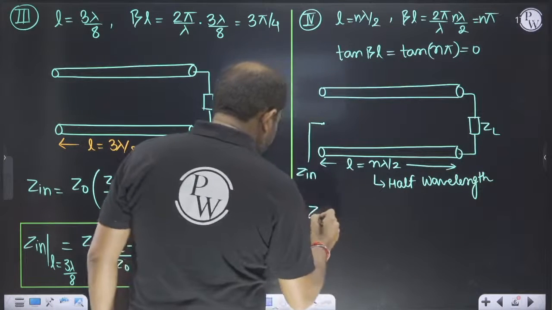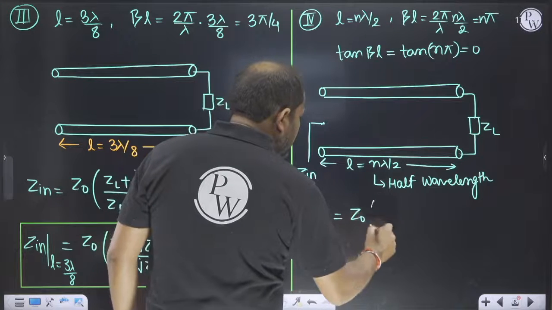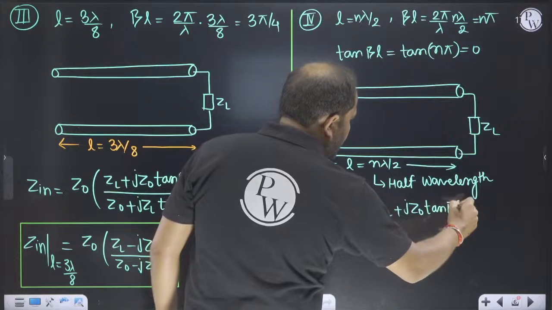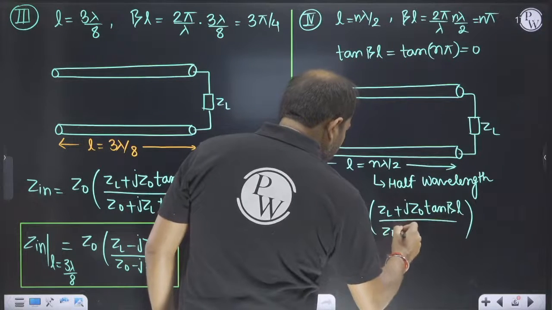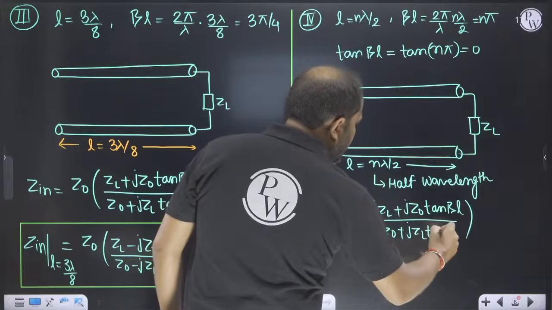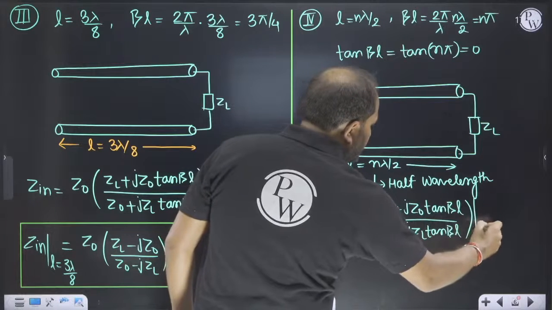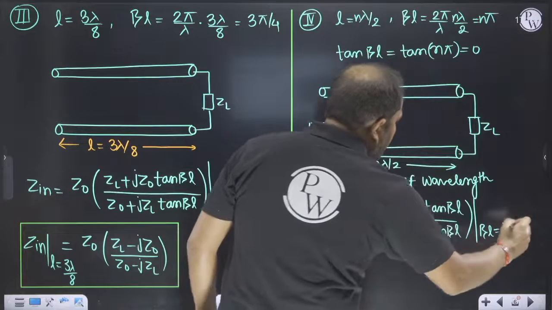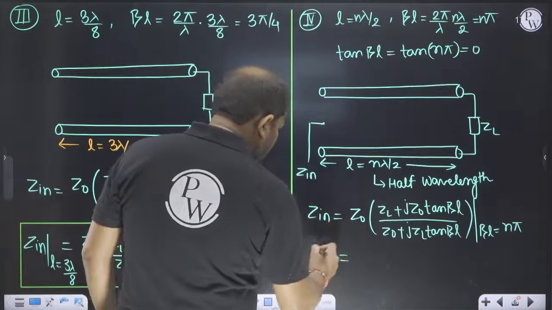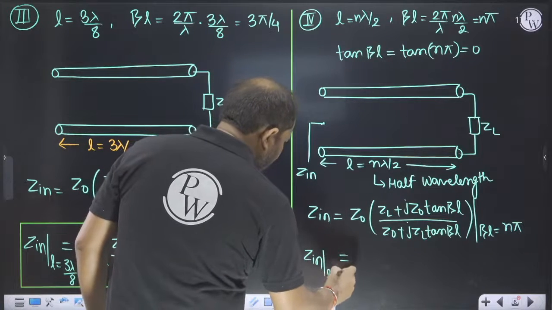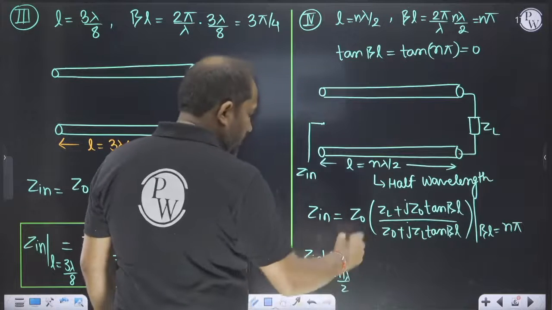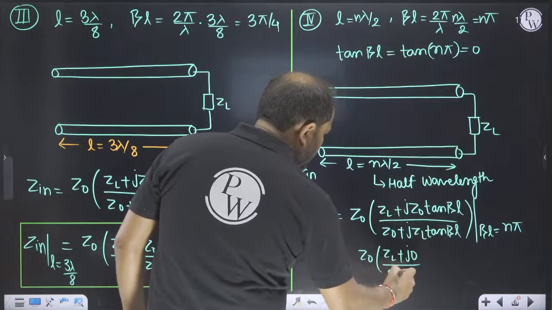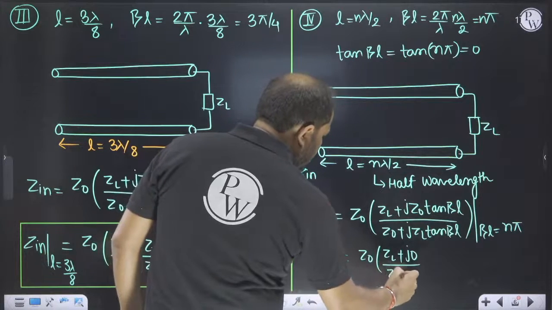So the formula for Zin is Z0 times (ZL plus jZ0 tan beta L) over (Z0 plus jZL tan beta L). Beta L is n pi, so tan beta L is 0. At length n lambda by 2 you will get Z0 ZL plus j0, over Z0 plus j0.